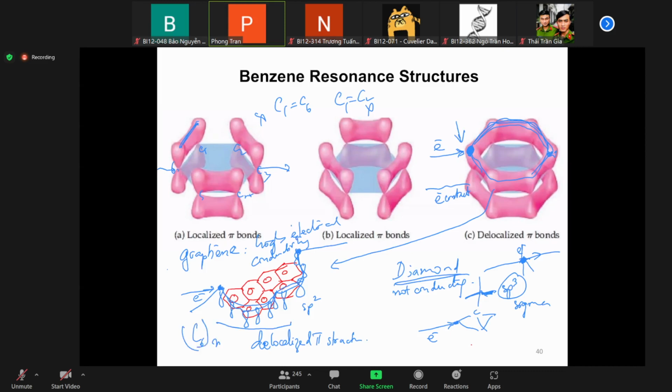You have orbital p, which will be delocalized from carbon atom number 1 to carbon atom number n. So now, if you inject electron, the electrical current is electron current, okay? If you inject electron in carbon number 1, it will escape from carbon number n very quickly. So thanks to this delocalization, the graphene has excellent electrical conductivity because the electron movement is free. Thus, you can understand, right?